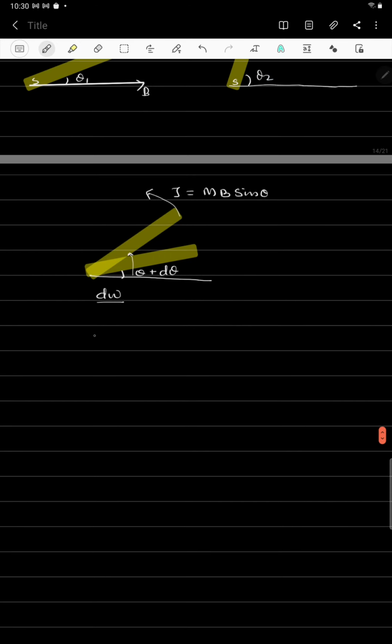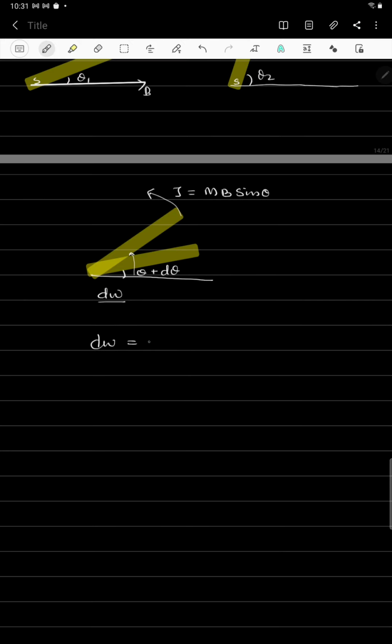So here a small work is done on the magnet: dW equals the torque acting on the dipole into the change in angle. In electrostatics, work equals force into displacement.